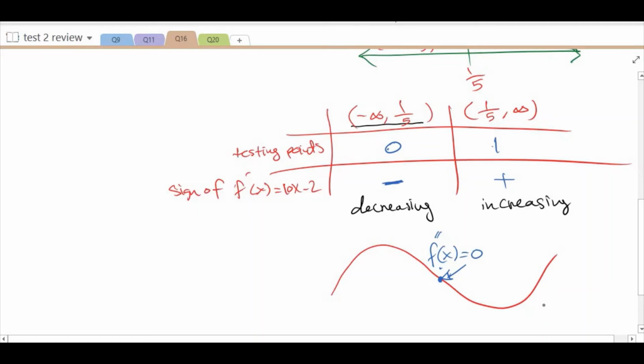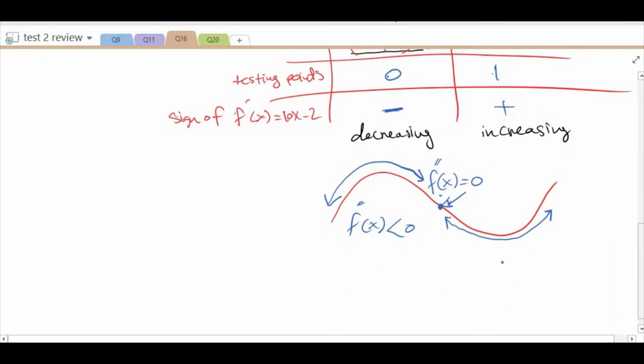After we figure that out by making f double prime of x equal to 0, we will have some intervals to test. Now, this part of the function, as you can see here, is concave downwards. In this case, if we do the testing, it's going to show us that f double prime of x is less than 0. And this part of the function is concave upwards. And if we do the testing, we can figure out that f double prime of x is greater than 0.